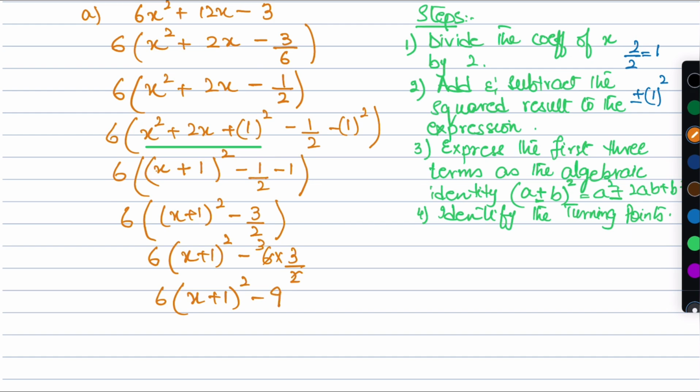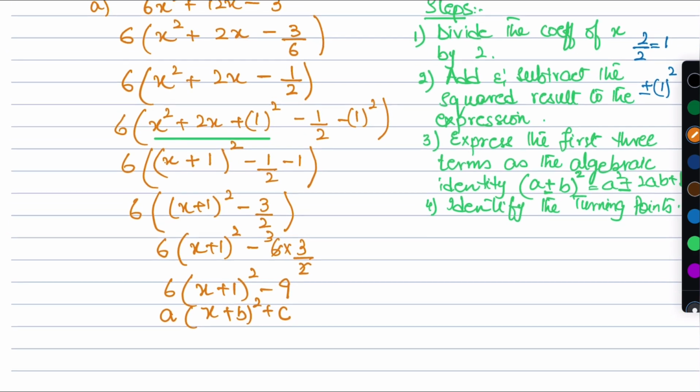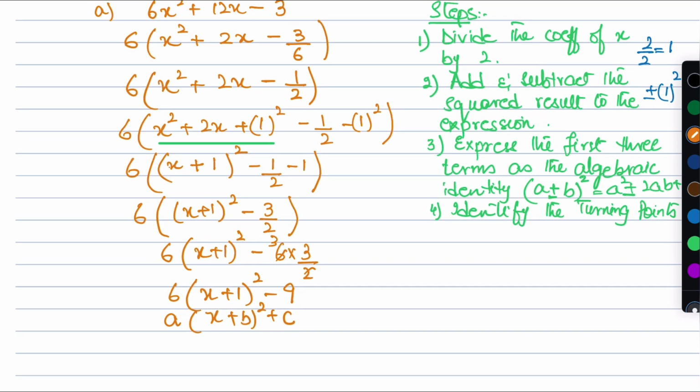This is what the question asked us to do: write the expression in the form a times (x plus b) the whole square plus c. This is our completed square form, and I can compare it and say that my a value is 6, b value is 1, and the constant c is negative 9.